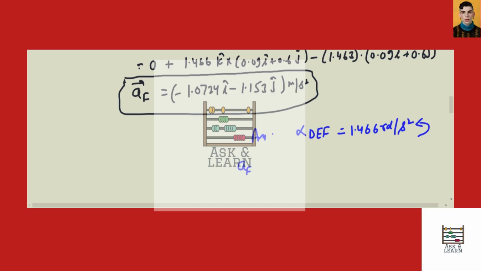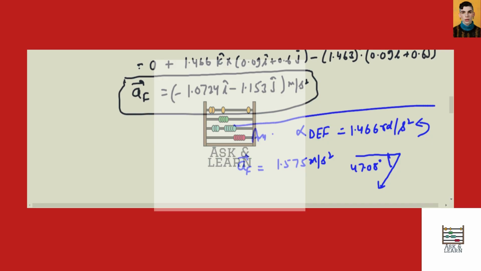Acceleration of F, you can find the magnitude, I am writing here directly: 1.575 meter per second square, and you can give the direction, this angle will be 47.08 degree. This is the answer for this problem.